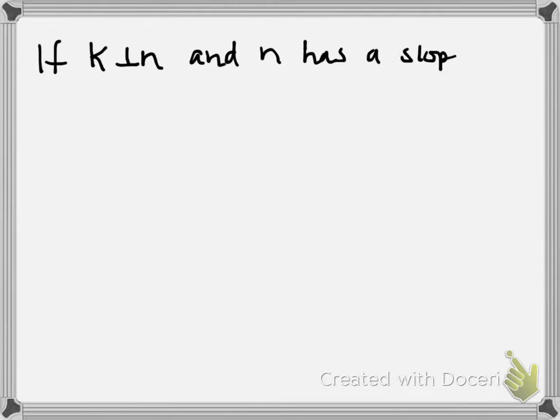So if line K is perpendicular to line N, and N has a slope of 0, what is the slope of K?